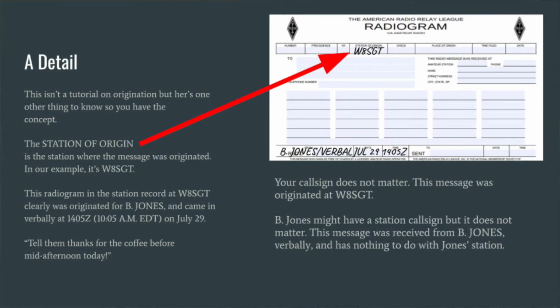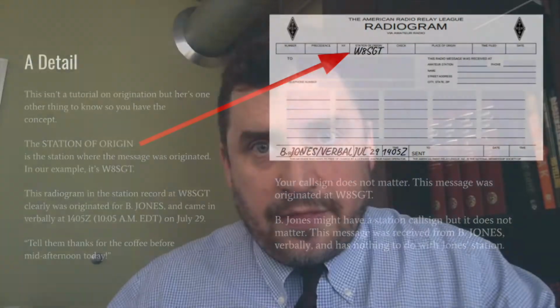One detail that we want to point out is that the received box, which tells us how we got that message, works in conjunction with the station of origin. The way that that works is that when the message is on the station W8SGT, when that has the record, and we see that the station of origin is W8SGT, then we understand this message was originated here.